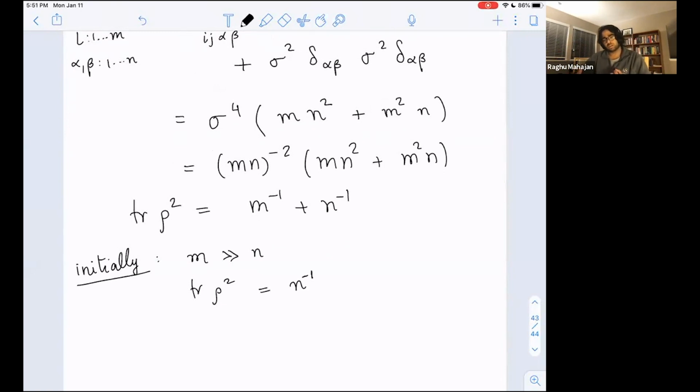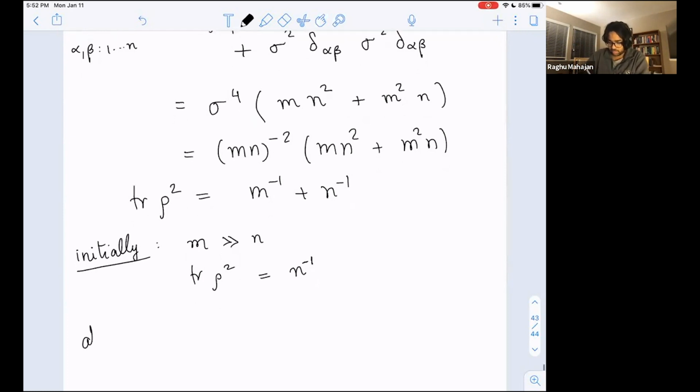N, remember, was like the number of states in the radiation. So this is like a maximally mixed state of the radiation. So this is exactly Hawking's result, or something like that, that you have a system which is small and its state is generic. So its purity is equal to n minus 1. And if you had computed trace rho log rho, you would have found log n.